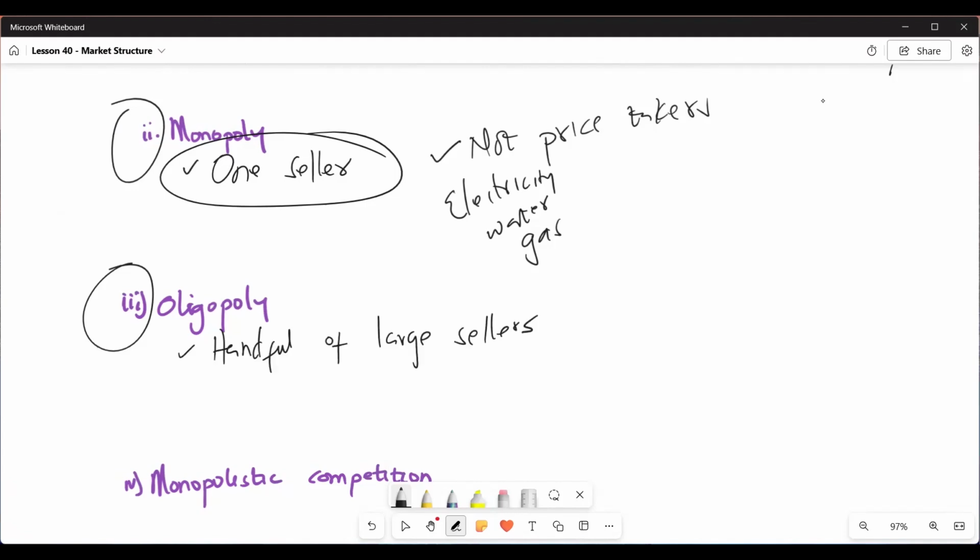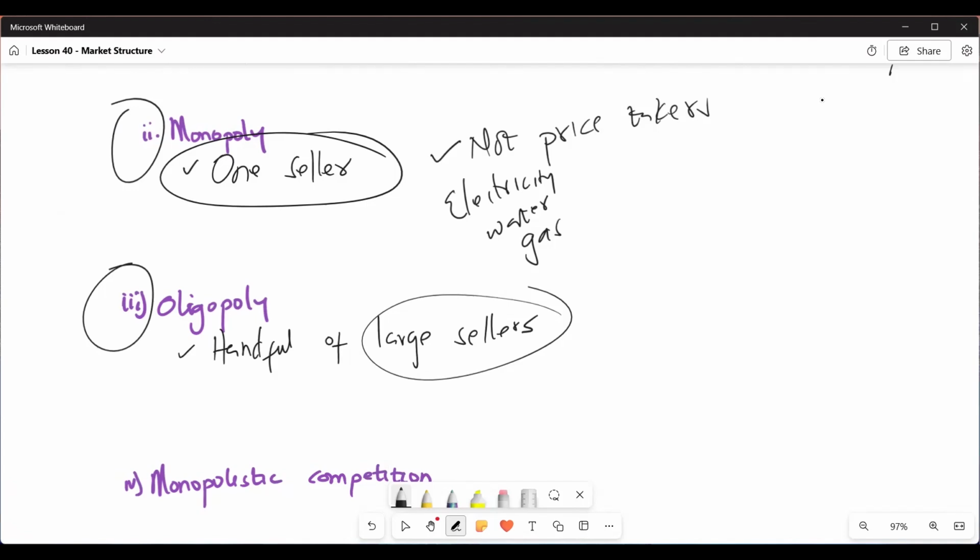So because there are a handful of large sellers in the market, this gives them some monopoly power, which gives them some market power as well. So they can influence the price to some level, but not as much as a monopolist can, because they do have competition, but the competition is not as high as it is in perfect competition.